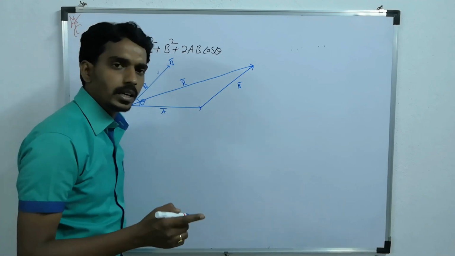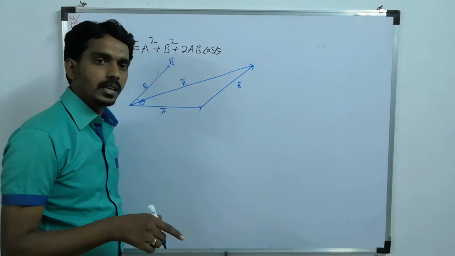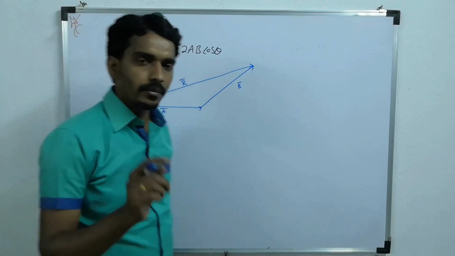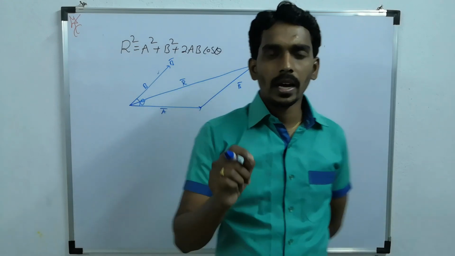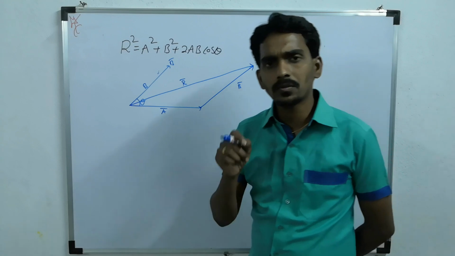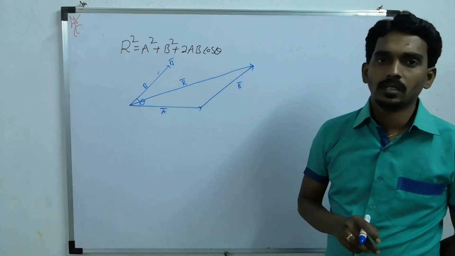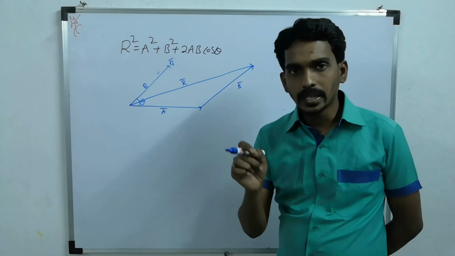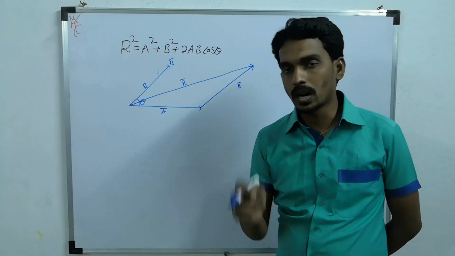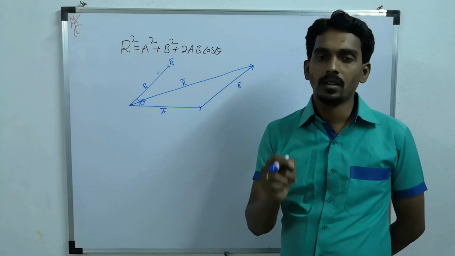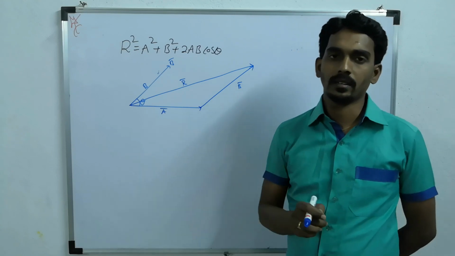What is the meaning of resultant in vector language? Addition. But addition doesn't mean that if a vector of 4 and another vector of 5 are added, it is always 4 plus 5, 9. It can be 4 plus 5, 9. It can be 5 minus 4, 1. It can be anything between 1 and 9.